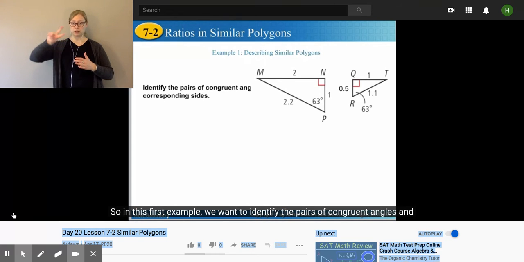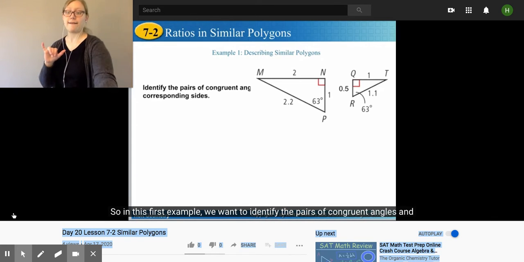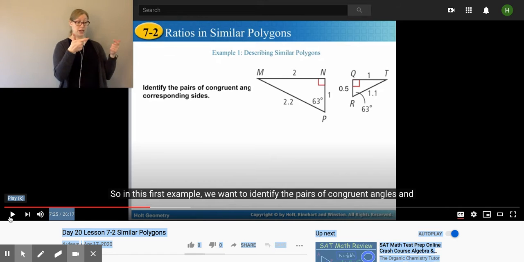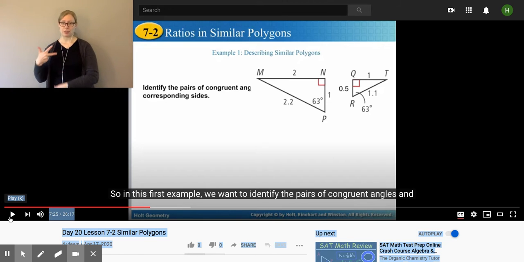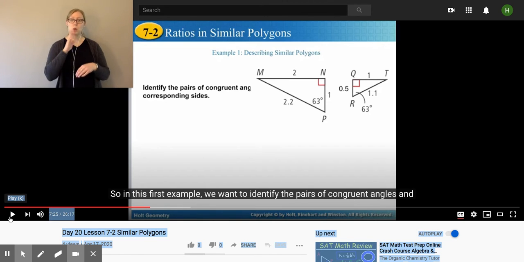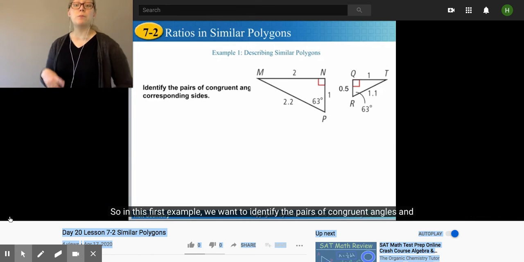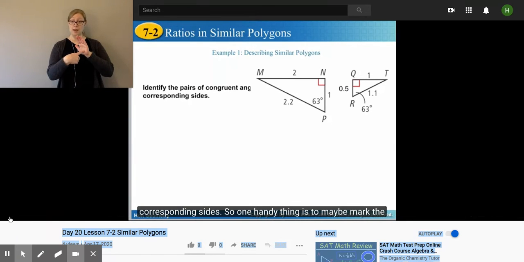So in this first example, we want to identify the pairs of congruent angles and corresponding sides.